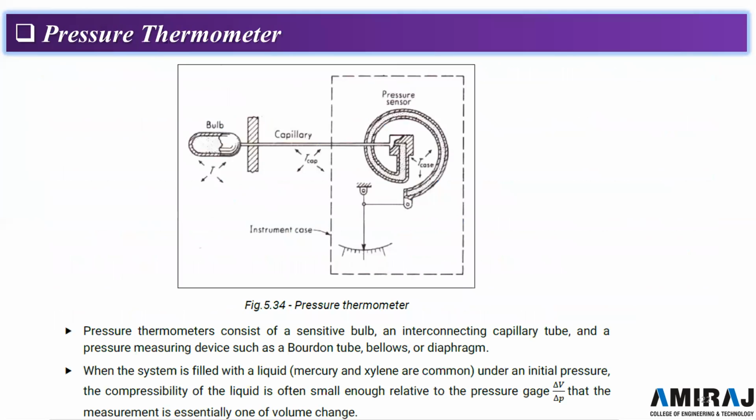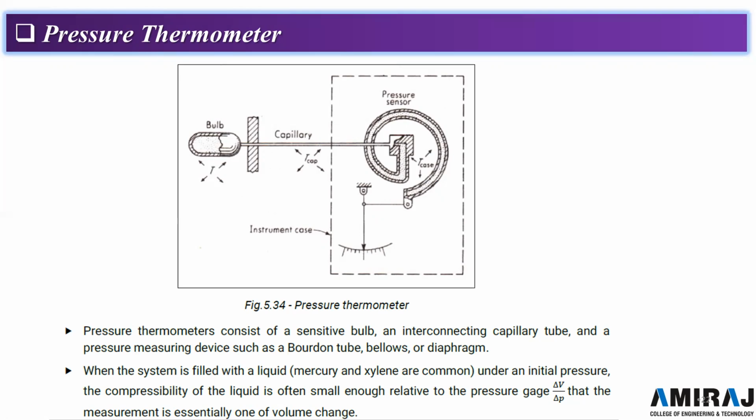The next instrument is the pressure thermometer. The pressure thermometer consists of a sensitive bulb, an interconnecting capillary tube, and a pressure measuring device such as a Bourdon tube, bellows, or diaphragm.